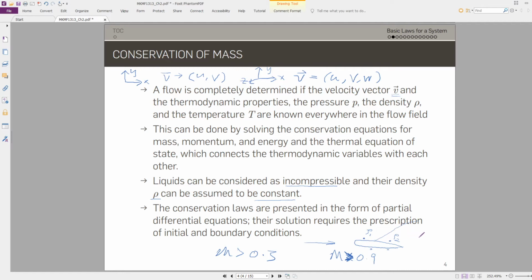So in order to solve these conservations of mass, momentum, and also the energy, requires these initial and also the boundary conditions of the problem that we are going to solve.